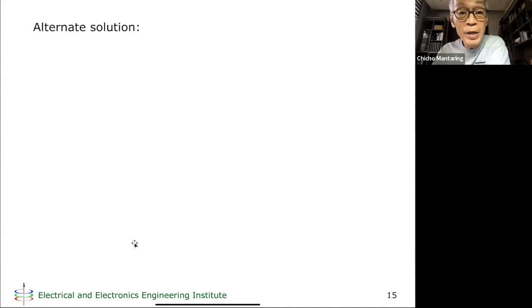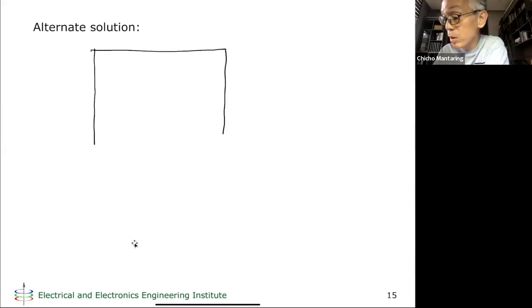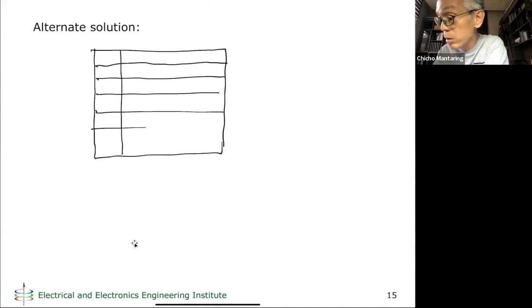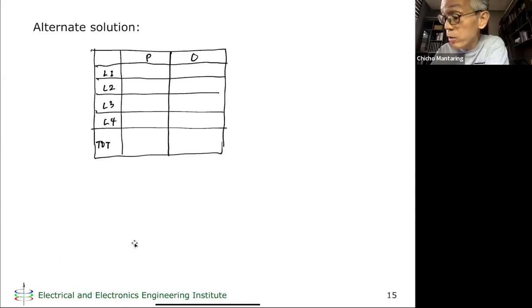Okay, let me construct a table. This is L1, L2, L3, L4, and this is my total. And I just want to do P and Q here, no? Power and reactive power.